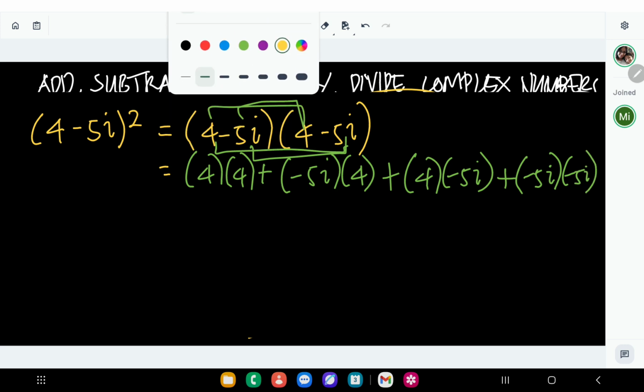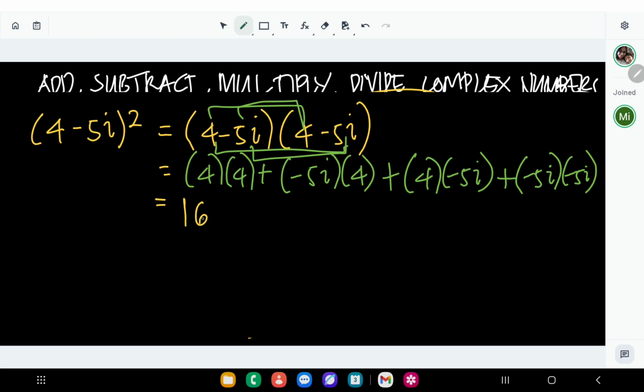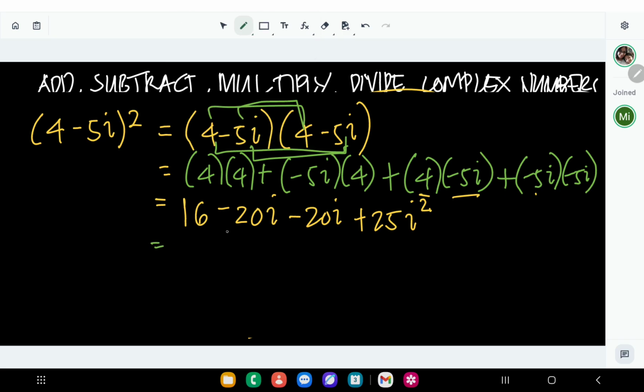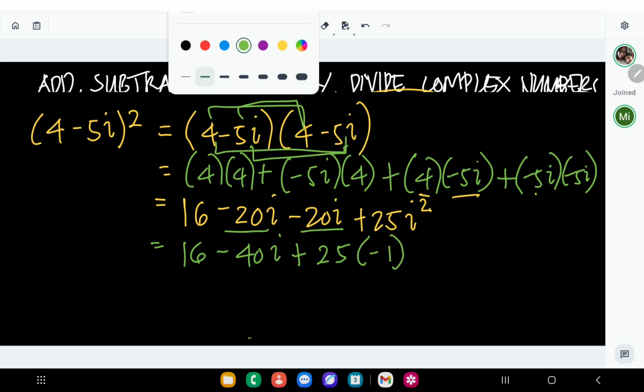Then we simplify. 4 times 4 is 16. Negative 5i times 4 is negative 20i. Then 4 times negative 5i is negative 20i. Then negative 5i times negative 5i is 25i squared. Then we simplify further. Negative 20i goes with negative 20i. So this would become 16 minus 40i plus 25 times i squared. i squared is negative 1.